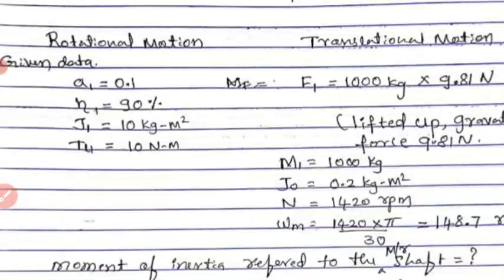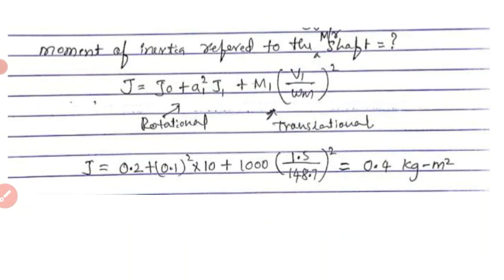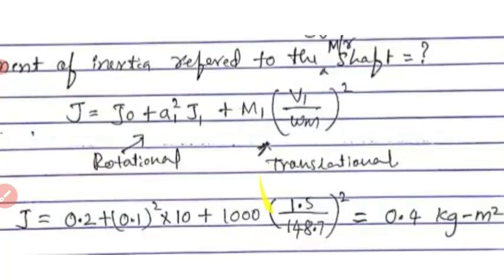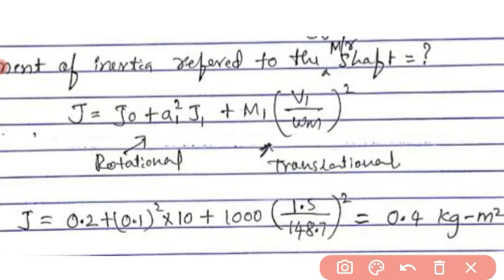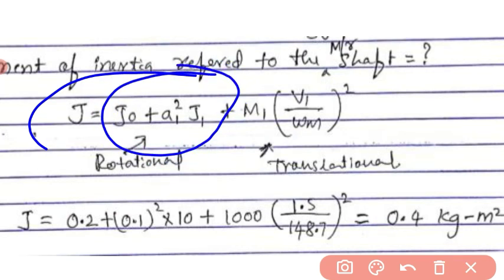Next, the moment of inertia referred to the motor shaft is given by this equation. In the last video lecture I discussed this. This part is related to the rotational motion, and this part, m1 v1 divided by omega m whole square, is related to the translational motion.